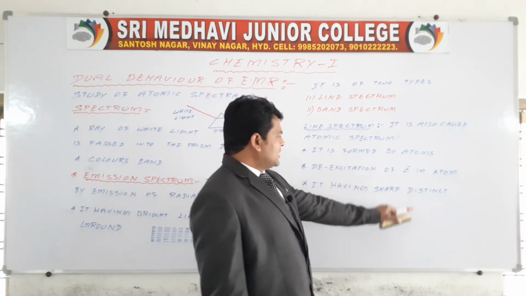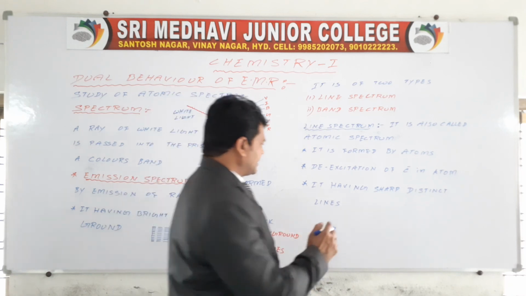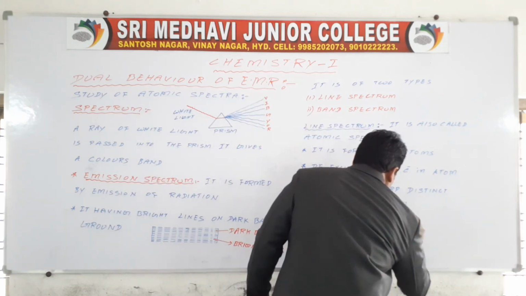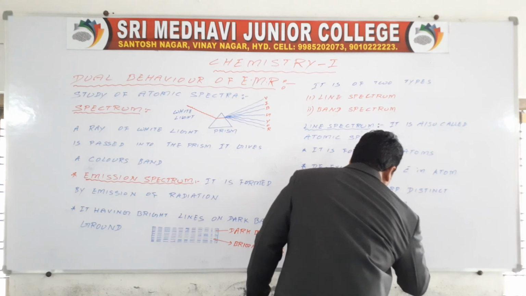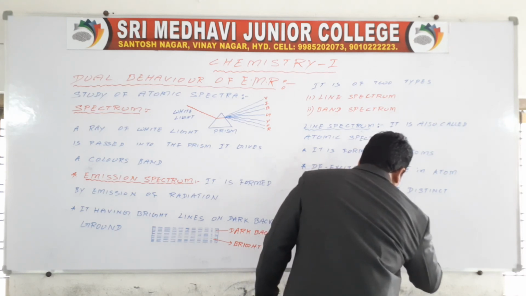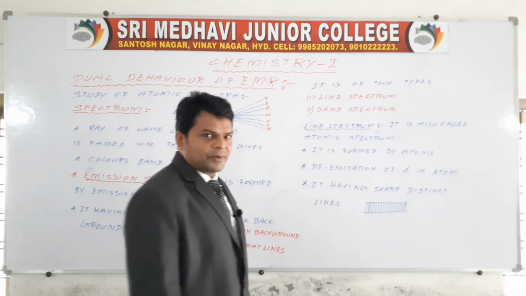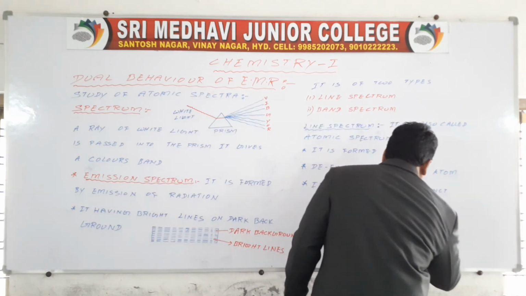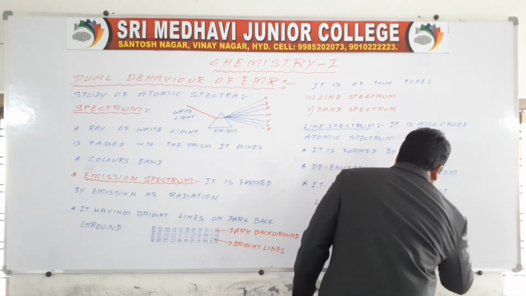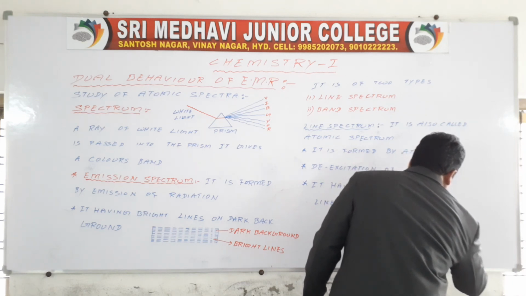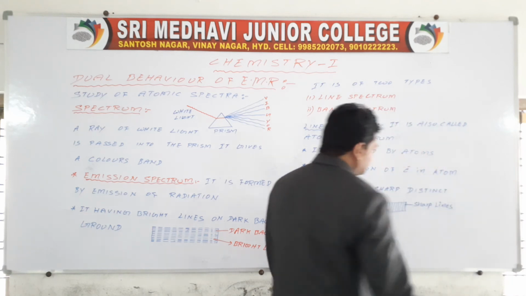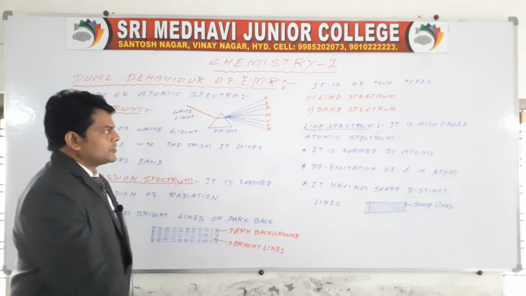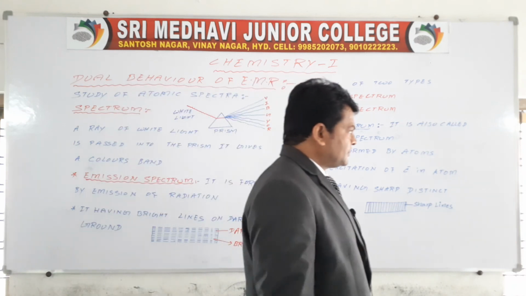It has sharp distinct lines like this. These are called sharp lines.